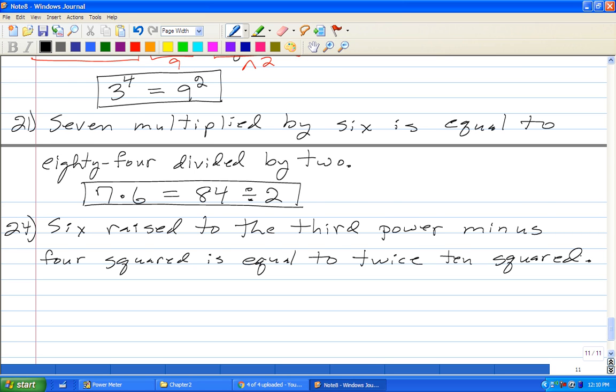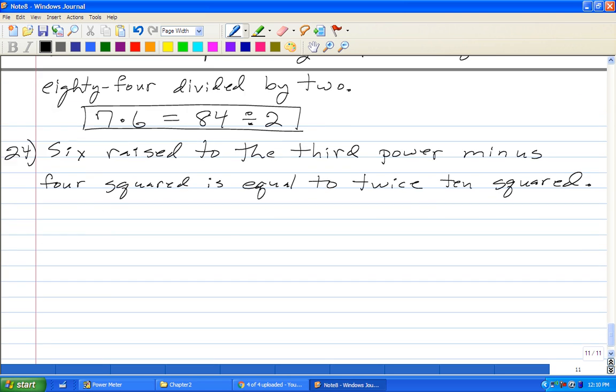Okay, and so I have 6 raised to the third power minus 4 squared is equal to twice 10 squared. And that's my translation into an equation.